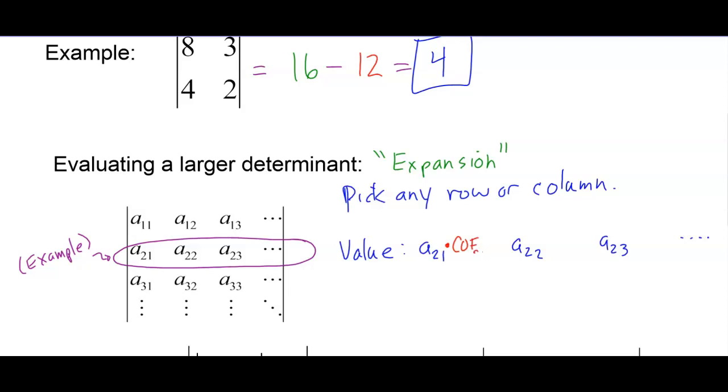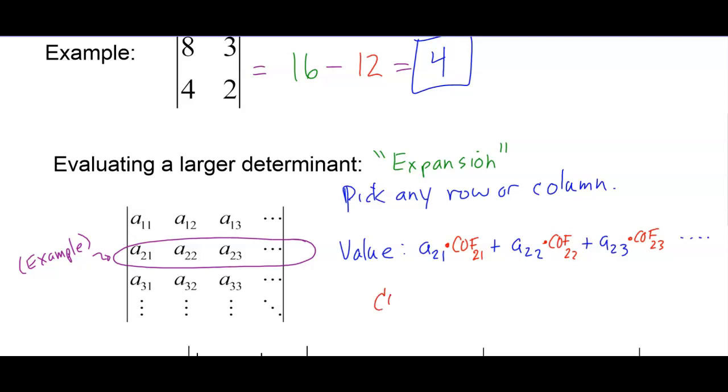So there's going to be a cofactor that goes with A21, a cofactor that goes with A22, and a cofactor that goes with A23. And once you figure all that out, you add up the results. Okay, well, that obviously just pushes the problem back one. Now the question is, what the heck are the cofactors?